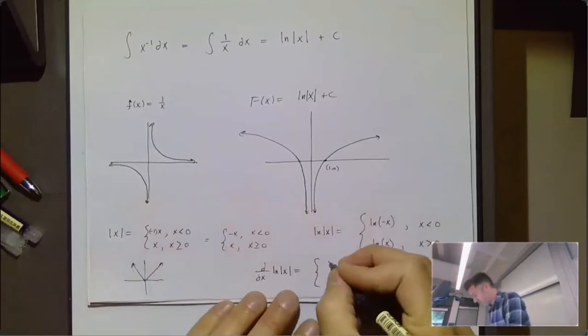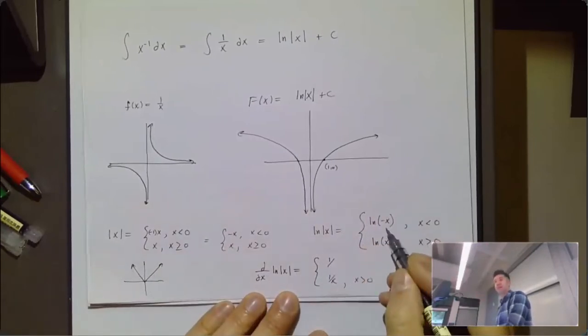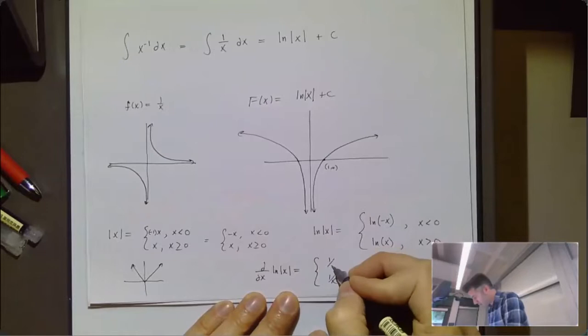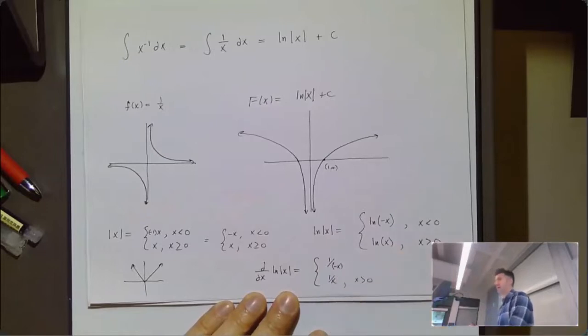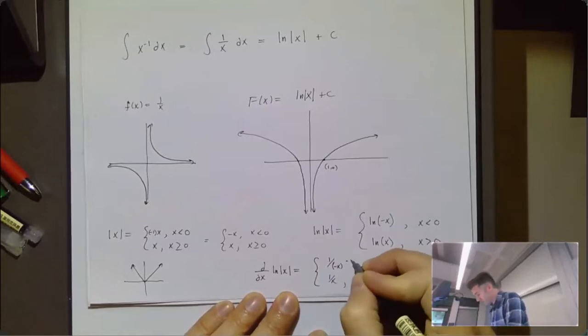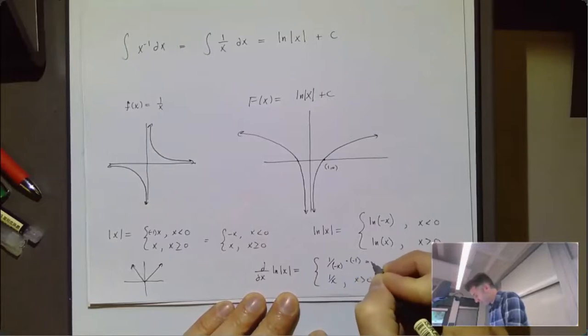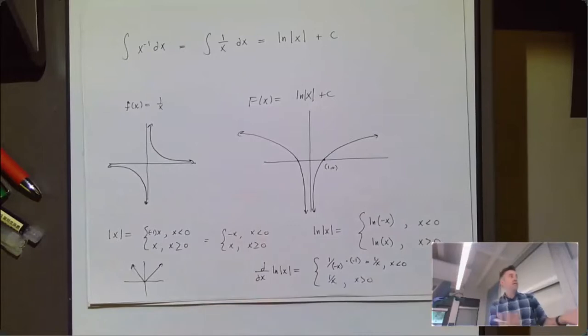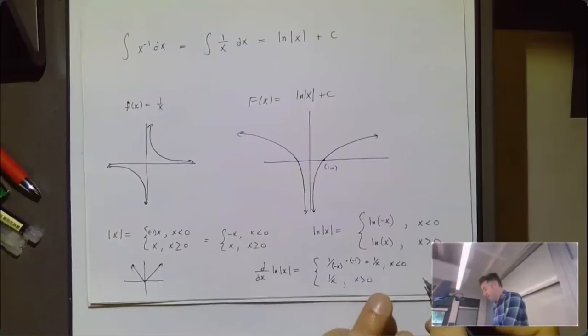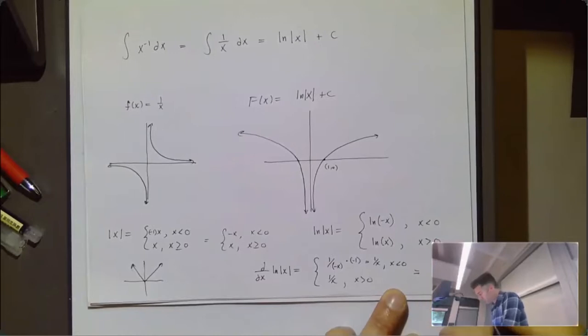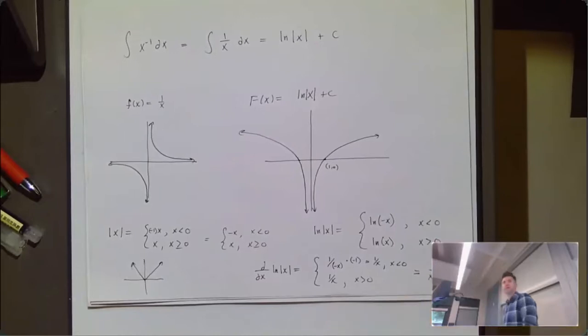It's 1 over the stuff, which is -x. But then what do I have to multiply by? Which is right. So that's going to be 1 over x. So interestingly, whether x is positive or x is negative, the derivative of the natural log of the absolute value of x is just equal to 1 over x.